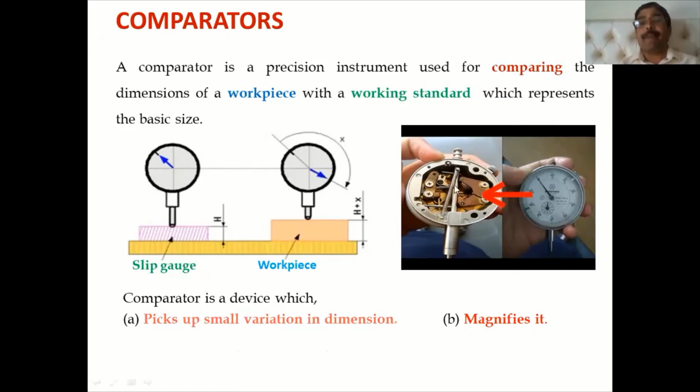Here for the magnification there is a gear train inside that. And the third one is to display it by using an indicating device. See here, this is an indicating device, means the pointer will move over the scale. So this is the overall introduction of the comparator.